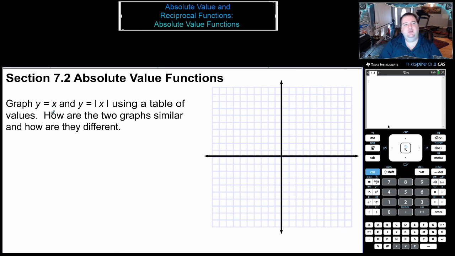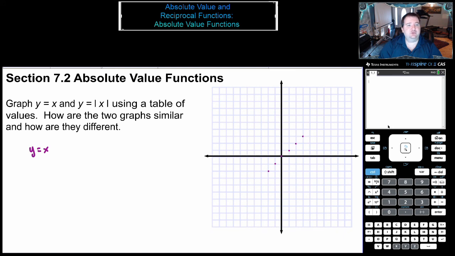The first thing I want to do here is make two graphs. One graph is going to be for the function y equals x, and we know how this looks, right? When x is 0, y is 0, and it has a slope of 1. So we can just graph these points here, and we end up with a straight line, and of course they go in the other direction too.